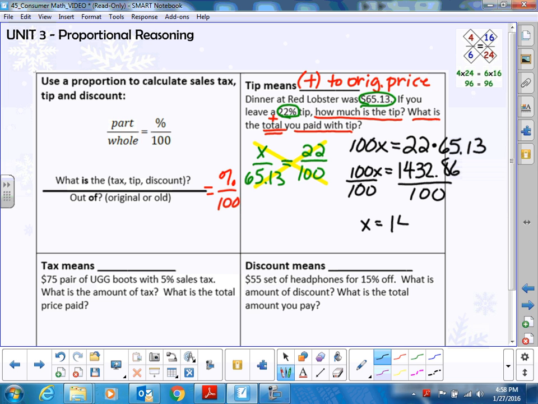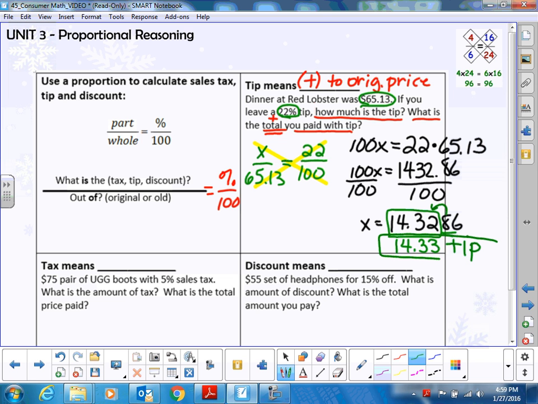So it's $14, and we have all these decimals. But remember, when we're dealing with money, we only go 2 places behind the decimal, so we have to look at this number. 8 is going to shove 32 cents, so it becomes $14.33. That is our tip.